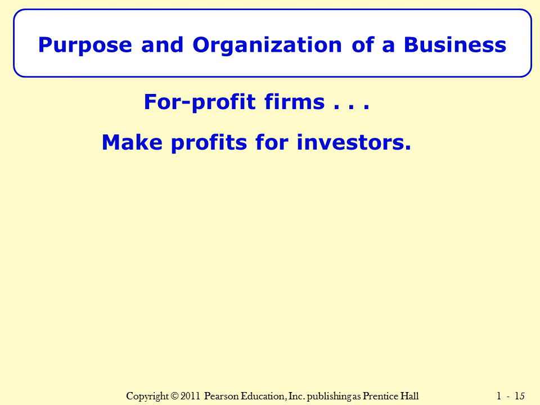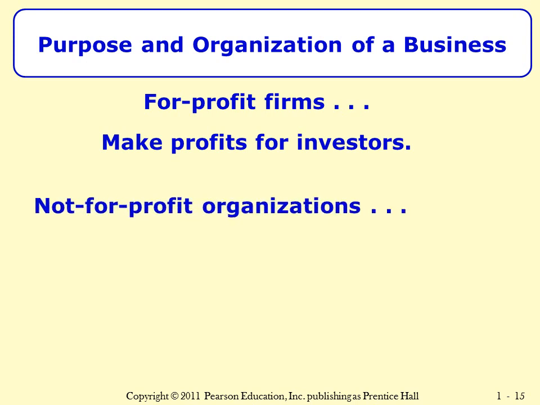A for-profit firm is anything other than a not-for-profit firm, which is also known as a nonprofit or a charity. The goal of a for-profit firm includes making profits for its investors. In a business school, you'll generally hear about that as the number one goal, although there are other considerations in a for-profit firm, since we're talking about ethics.